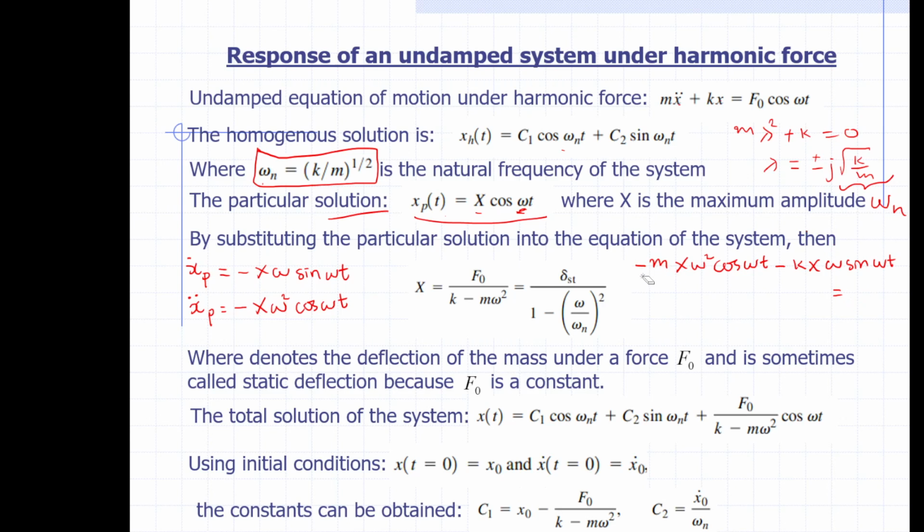It's m times h double dot, which is minus m h omega square cosine omega t, plus k times this one, k h cosine omega t, equal to f0 cosine omega t.